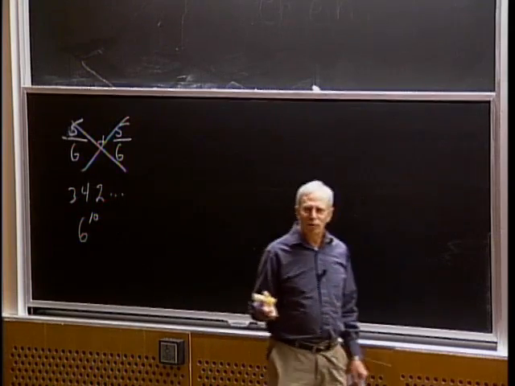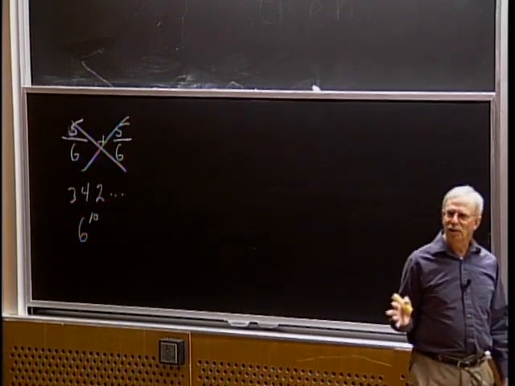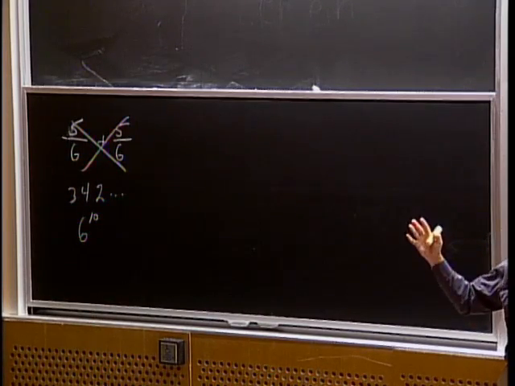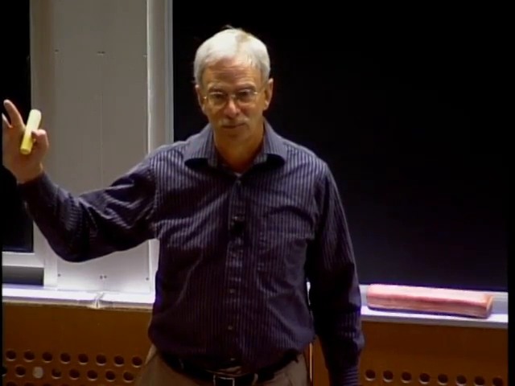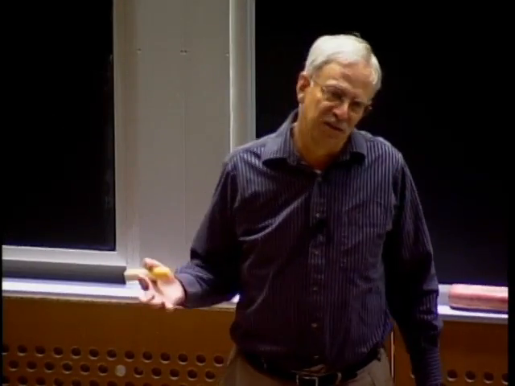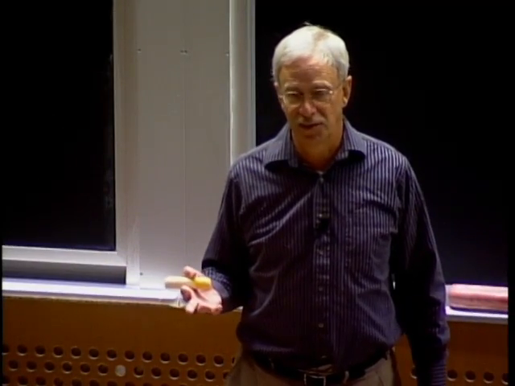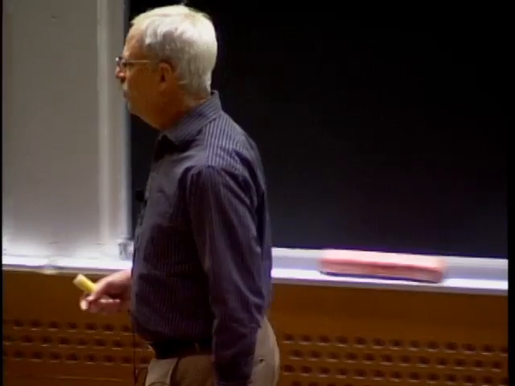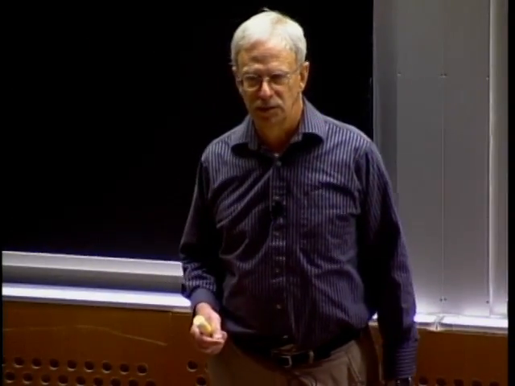Just when we looked at binary numbers, if I take a 10-digit binary number and ask how many different numbers can I represent in 10 binary digits, it's going to be 2 to the 10th. Here, we're base 6, so it's going to be 6 to the 10th. Pretty big number. Now I can say how many of those numbers don't contain a 1.